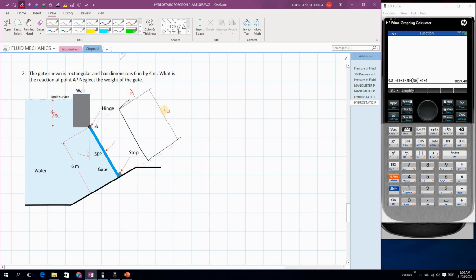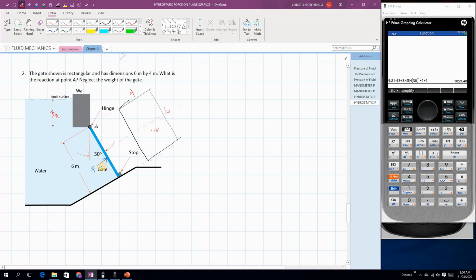Okay, so hinahanap is reaction at point A. So neglecting the weight of the gate, ang only force acting dito sa gate natin is yung ating hydrostatic force which acts below yung center of gravity natin. So yan yung force F. Then let's say yan yung ating CG. So that is CP, center of pressure.